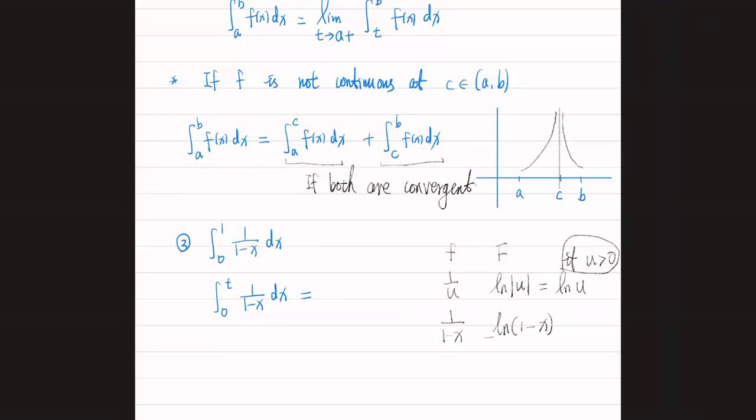Nice. Okay, so that's the antiderivative. Here the t, so it is negative logarithm of 1 minus t, minus negative logarithm 1, which will be 0.